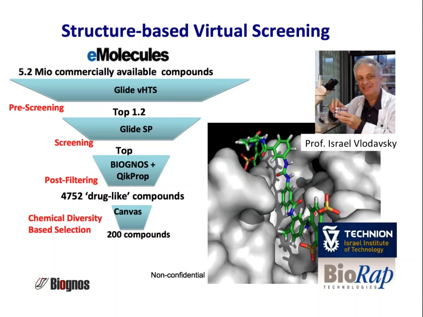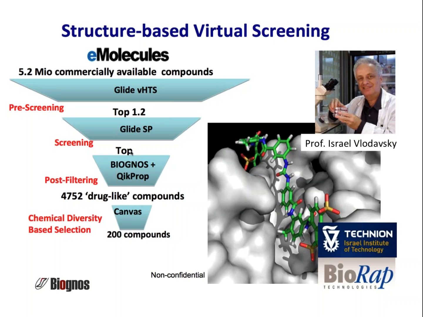We did that with GLIDE in those days. With the high throughput version, we did a pre-screening, and the top 1.2 million were then screened again with single precision GLIDE. From the top ones, we did some filtering for drug-like molecules and QikProp properties, but still we had 4,752 drug-like compounds.